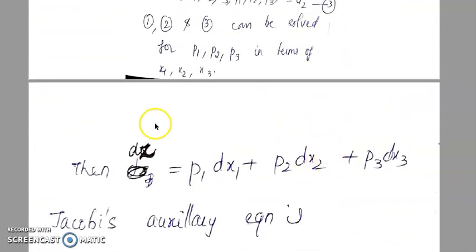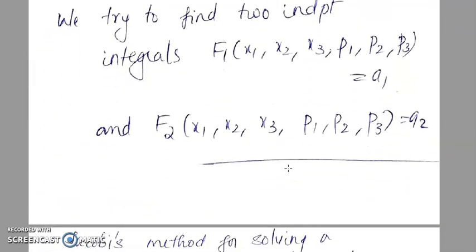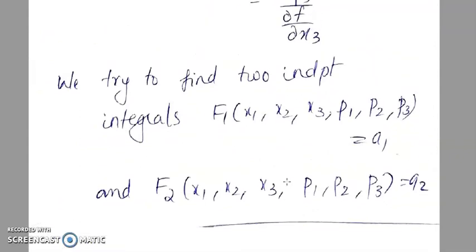That will give us the value of dz. On integrating this, we will get the required solution. That is Jacobi's method.